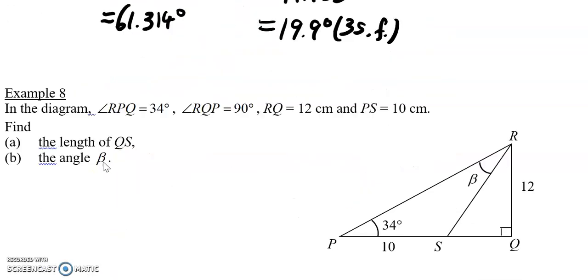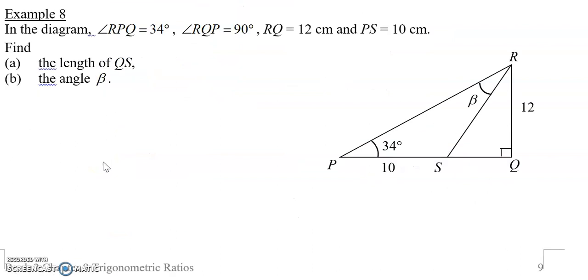Okay, now going on to question 8. Now, question 8, likewise to question 7D, is not a very direct question, and there are two parts to it. So the first part itself requires us to actually find the length of QS. Now, it is not very direct in a sense, because if you just look at triangle RSQ, the details of this triangle is actually quite limited because we only know this length 12.